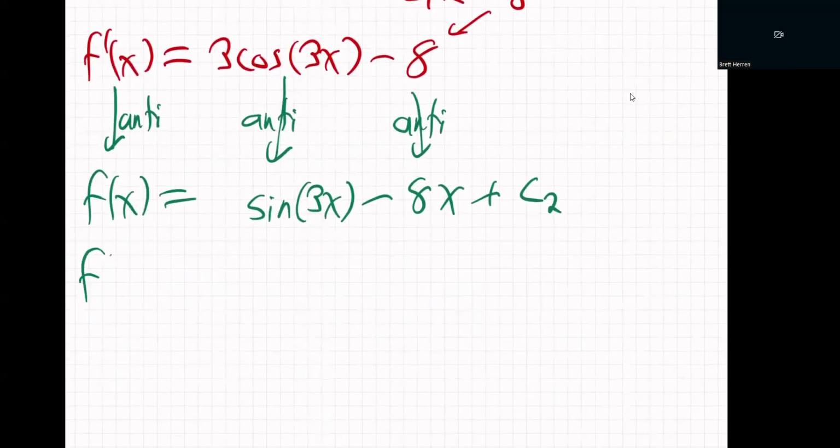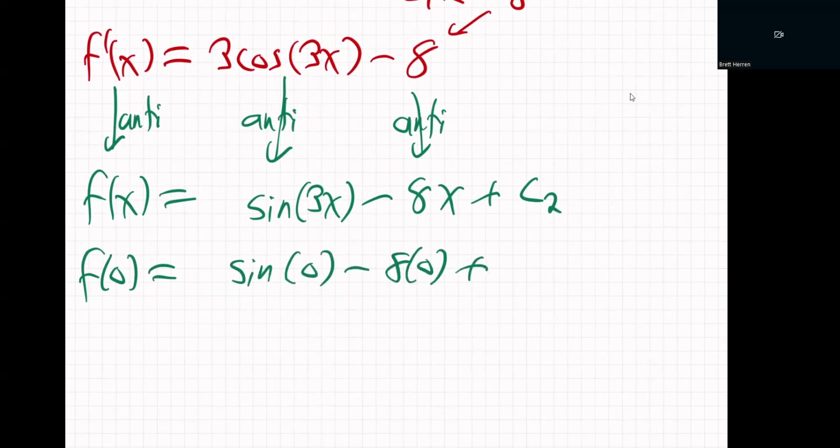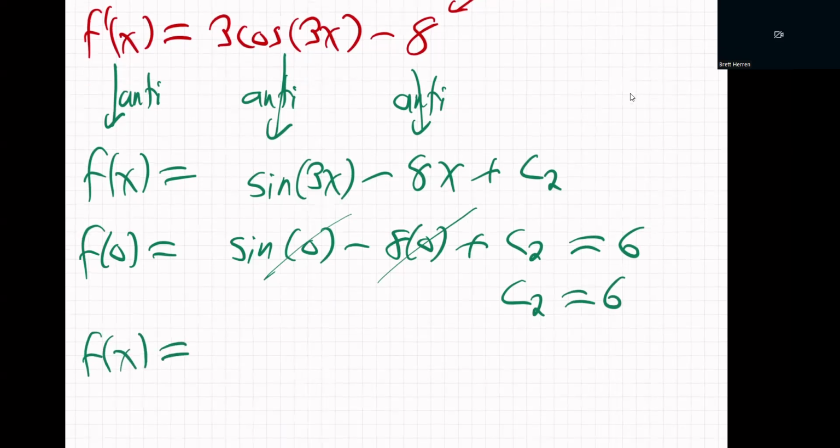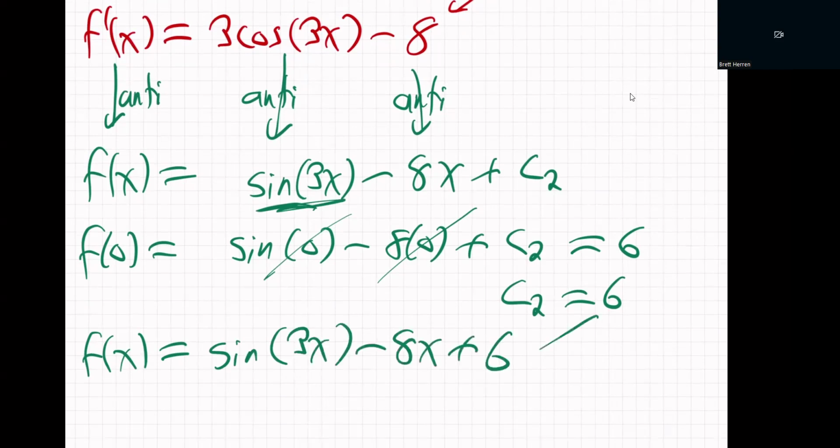So now plug in 0: sine of 0, 8 times 0, plus C2, and it equals 6. Well, that's just 0 and 0. So constant 2 is 6. So now we have the whole function: f of x is sine 3x minus 8x plus 6, because that constant 2 at the end is 6.